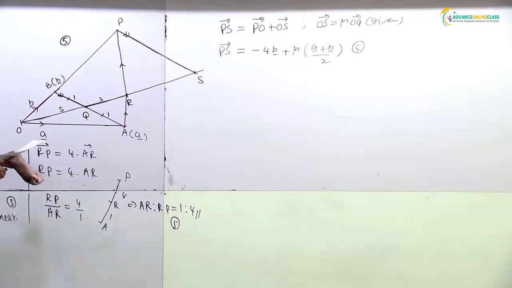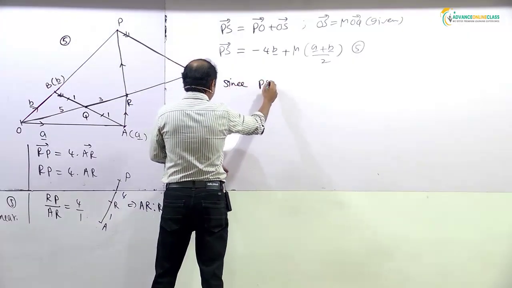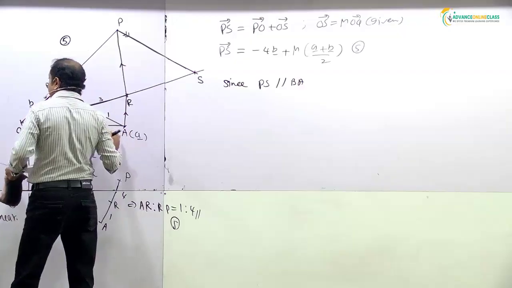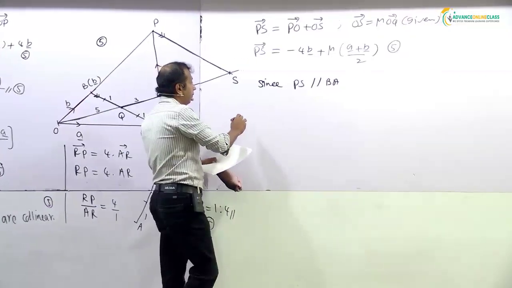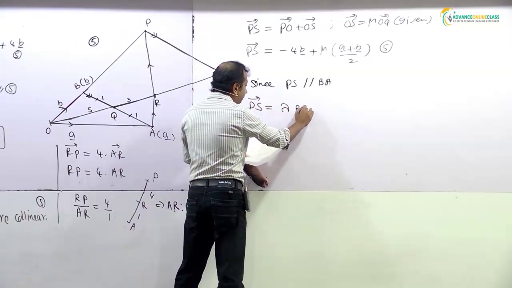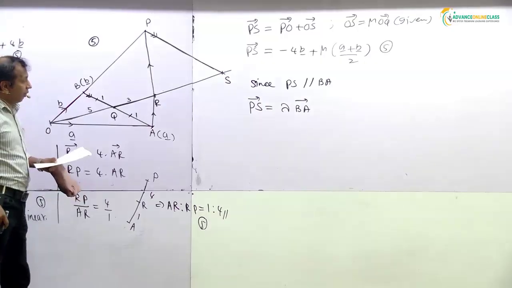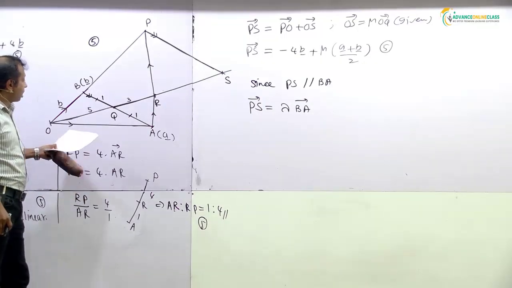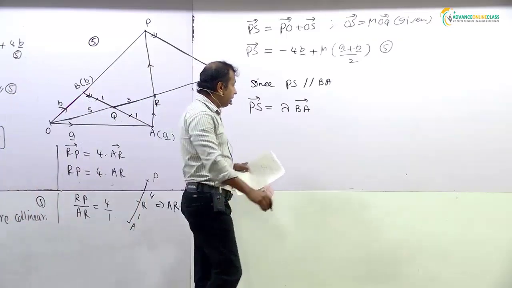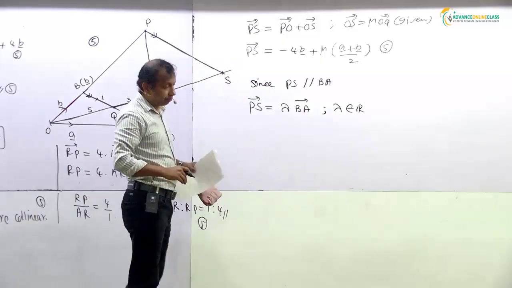Now we are given PS is parallel to BA, so PS and BA are parallel. Then we can write the PS vector as lambda times the BA vector, because PS is parallel to BA, where lambda is a real number.